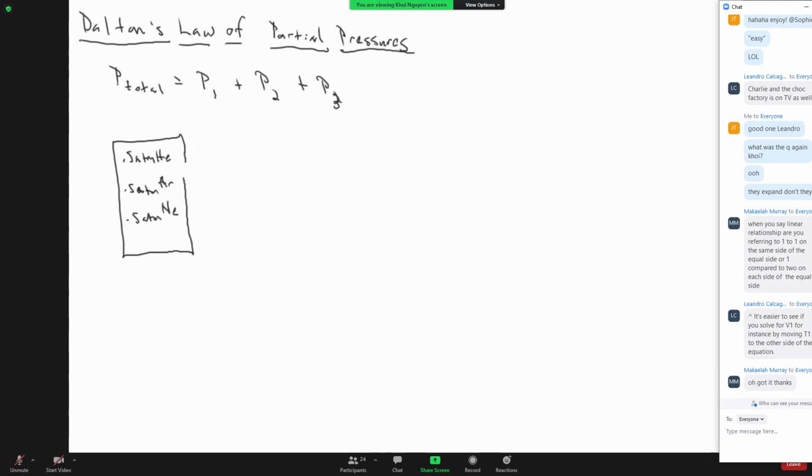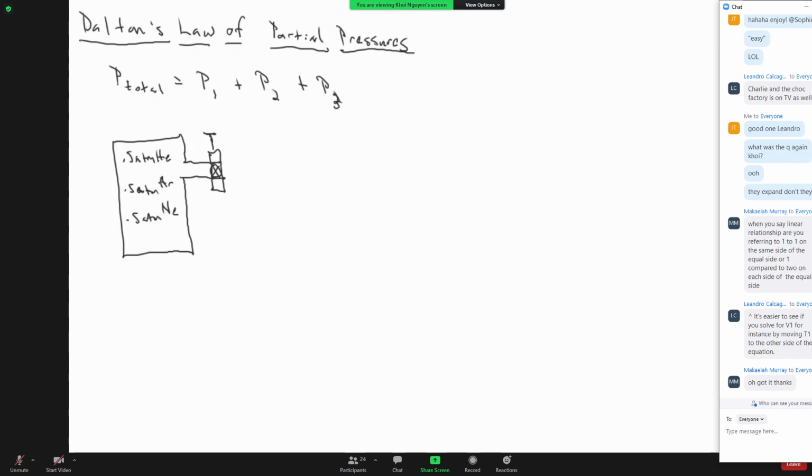Same difference, right? So the total pressure would have been the sum of all the pressures. We're going to have a valve stem. And when we lift it up, it opens it. When we pull it down, it closes it, right?